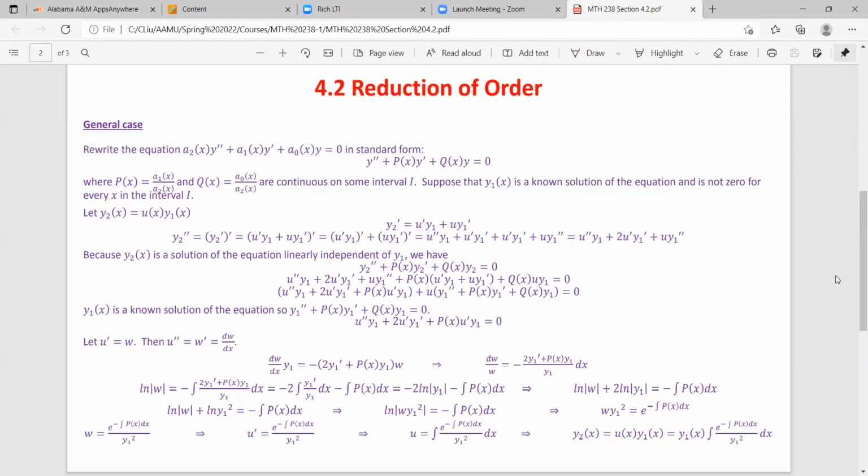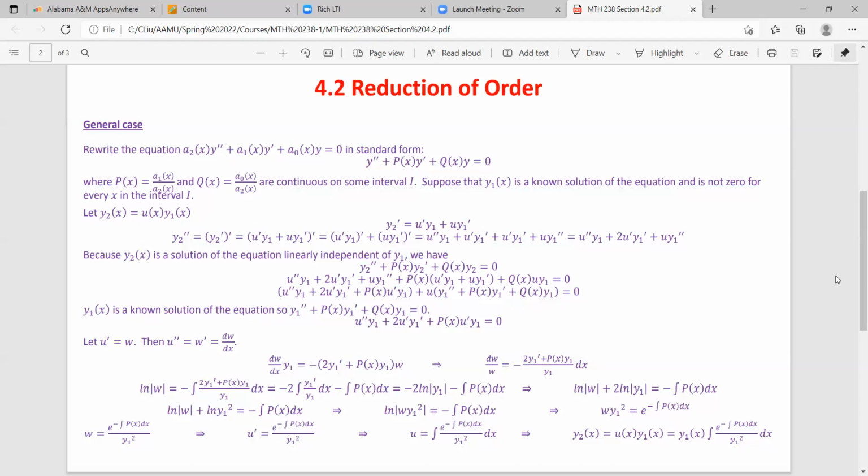So we got dw over dx times y1, which is u double prime times y1, equals negative 2y1 prime plus p times y1 times w. Remember, w is u prime. You can see from the equation, the second term and the third term on the left have u prime that can be factored out, which is also w.